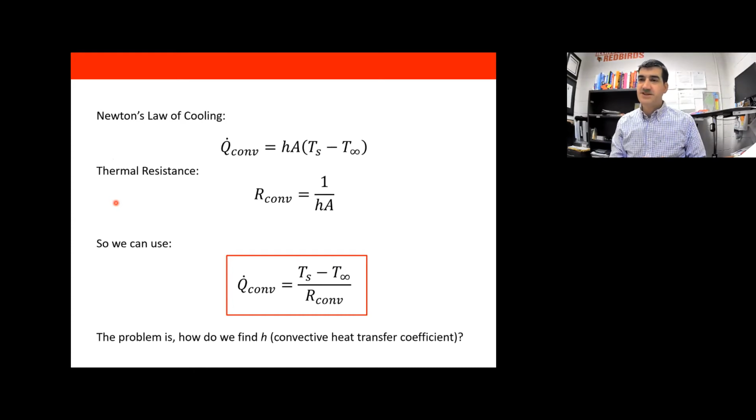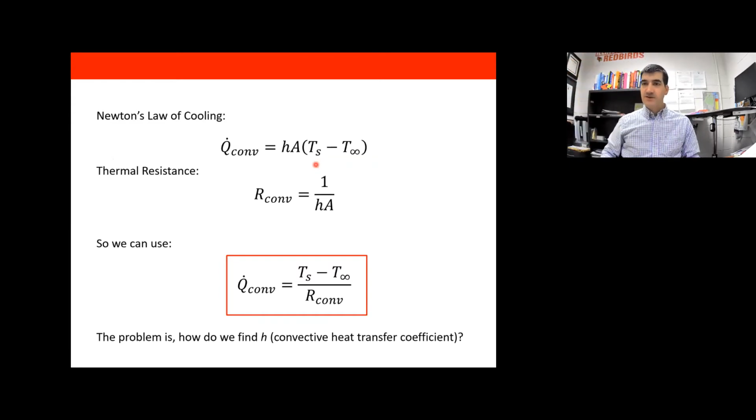So I mentioned this before on the paper that I just drew on. We have our governing equation, which is called Newton's law of cooling, where the rate of heat transfer is equal to the convective heat transfer coefficient times the surface area times the difference in temperature between the solid surface and the bulk fluid temperature.